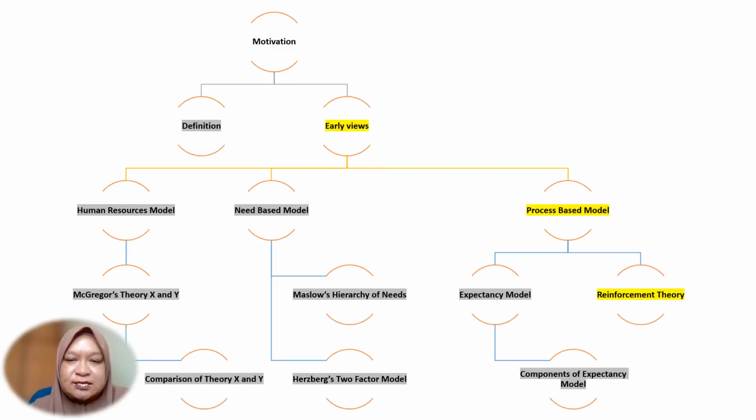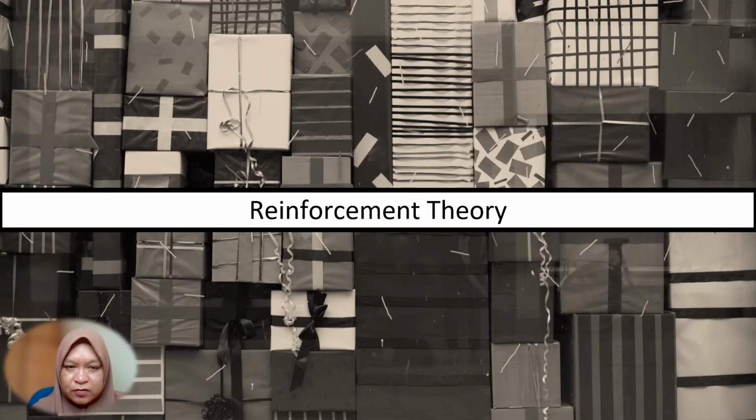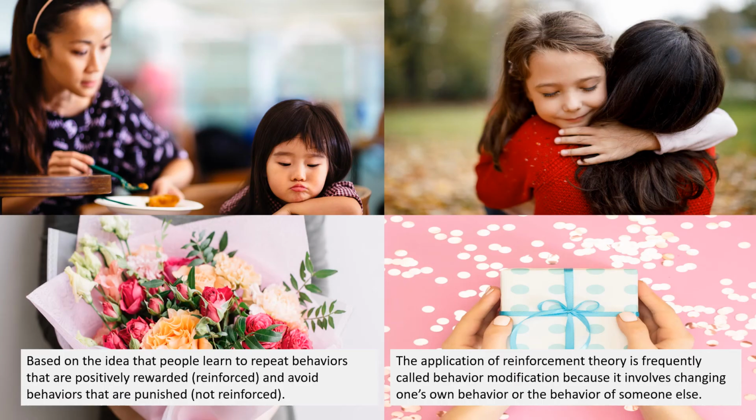Next is the reinforcement theory. Reinforcement theory is based on the idea that people learn to repeat behaviors that are positively rewarded, reinforced, and avoid behaviors that are punished or not reinforced.